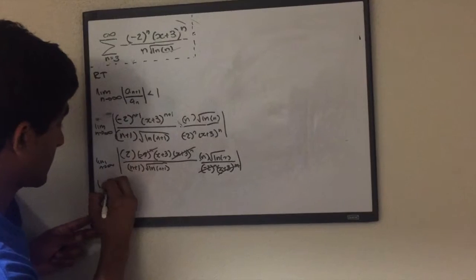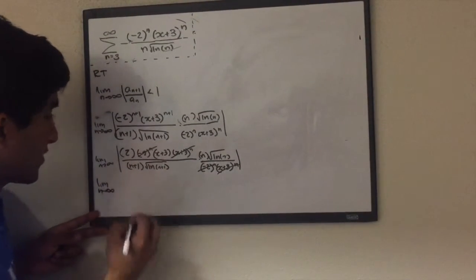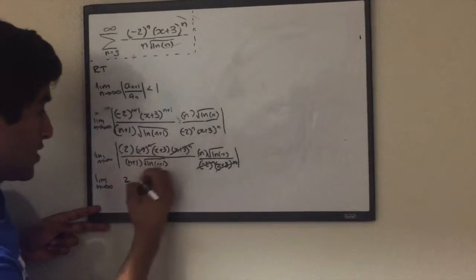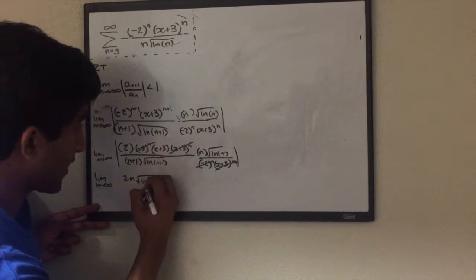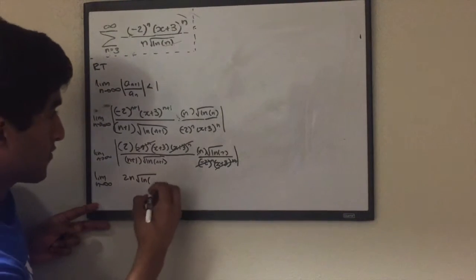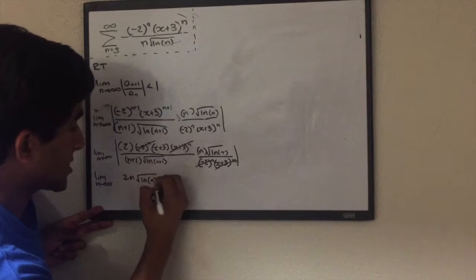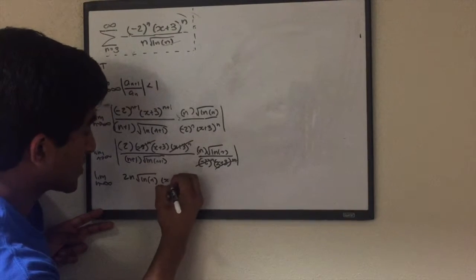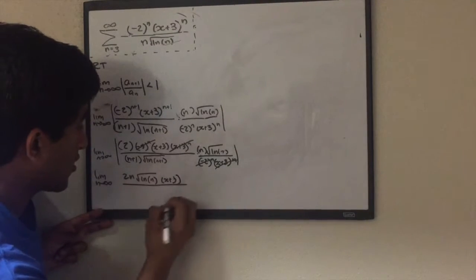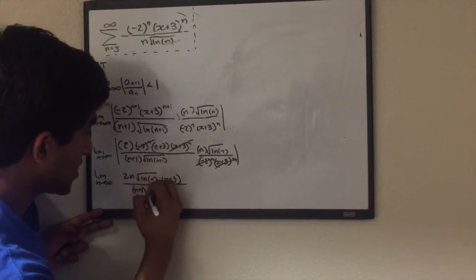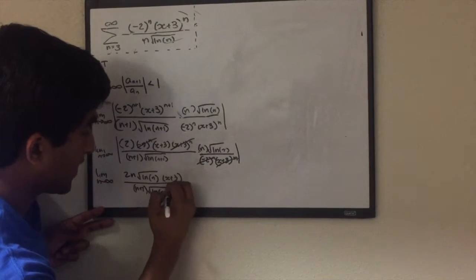We're left with the limit as n approaches infinity of 2n square root of ln n times x plus 3, over n plus 1 square root of ln of n plus 1.